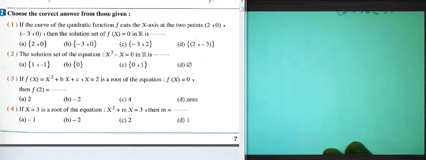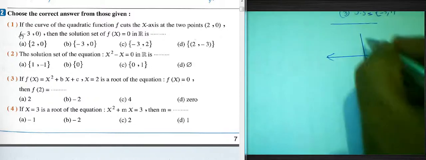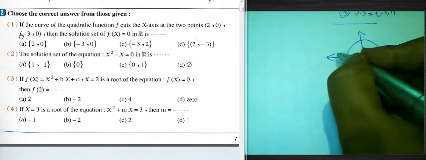Question 2, choose the correct answer from those given. Number 1, if the curve of the quadratic function f cuts the x-axis at the two points 2 and 0 and -3 and 0, then the solution set of f of x equals 0 in R is {2, -3}. Look with me here: this curve cuts the x-axis at 2 and 0 and -3 and 0.